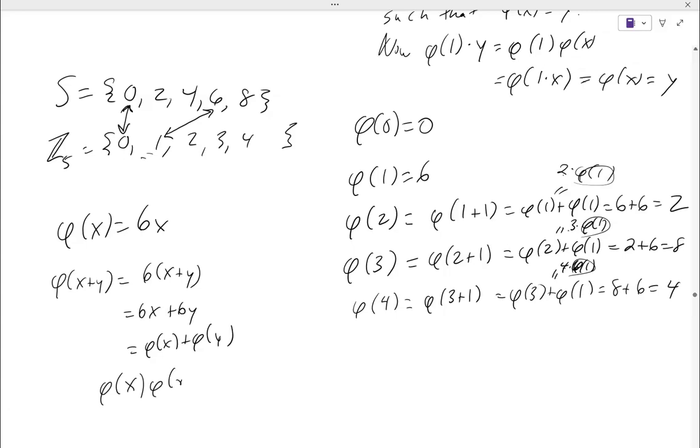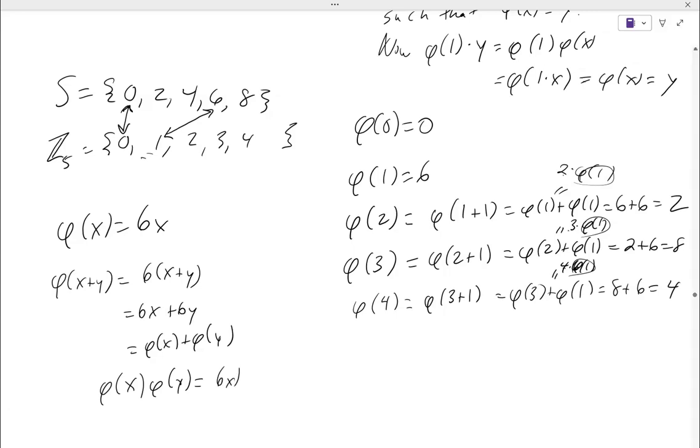Let's do it this way for this one. What would be phi of x times phi of y? By definition, what would it have to be? Just by the definition of phi, I mean, what would it have to be?